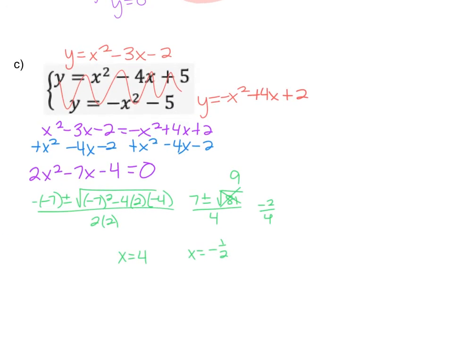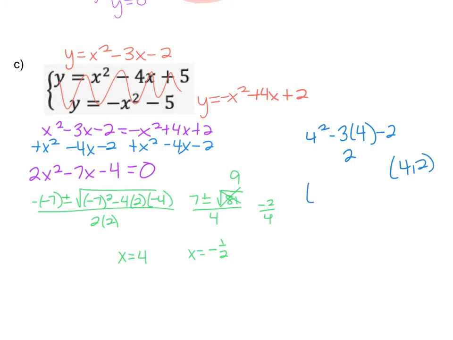So let's see. Let's do the 4 first. So 4 squared minus 3 times 4 minus 2. And that would give me the 2 whenever you plug it in your calculator. So this point is at 4, 2.